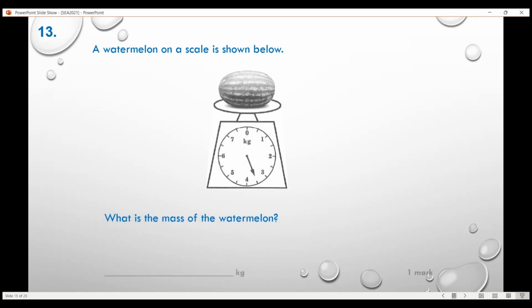What is the mass of the watermelon in kilograms? So what do we have to do? If we look at the needle, we can see it's passing directly between 3 and 4 kilograms. And what's the direct middle of 3 and 4? 3.5 kilograms, or 3.5.